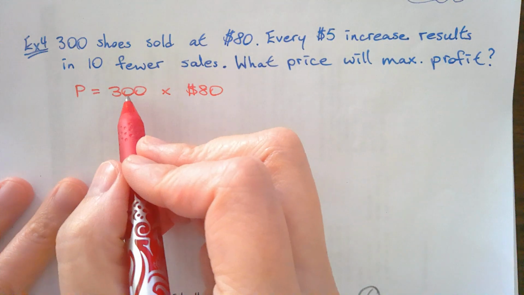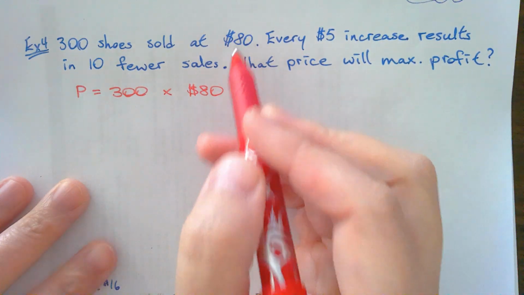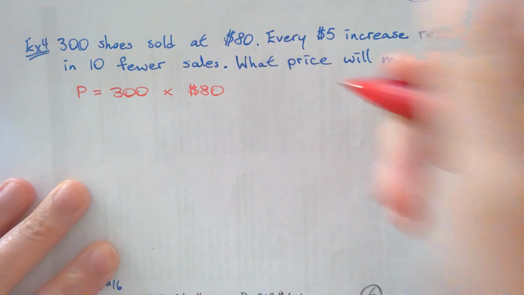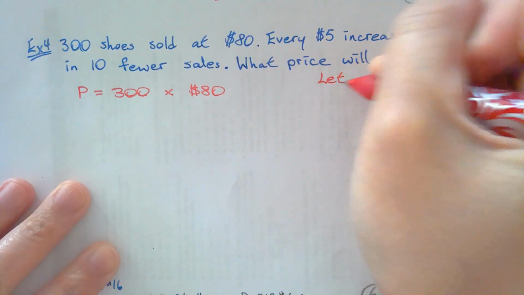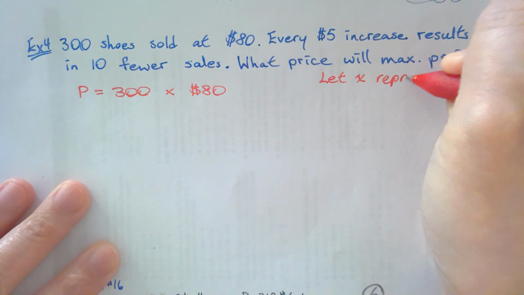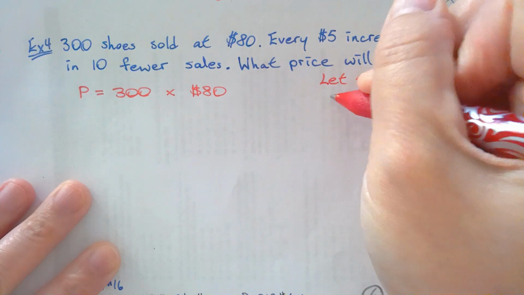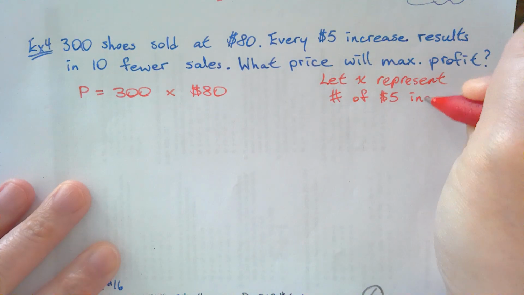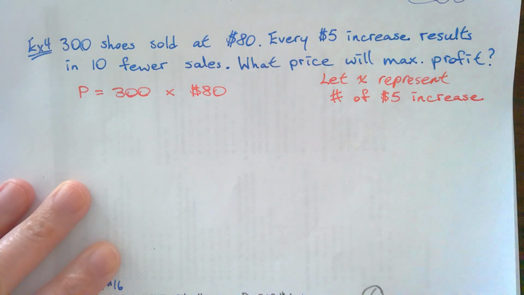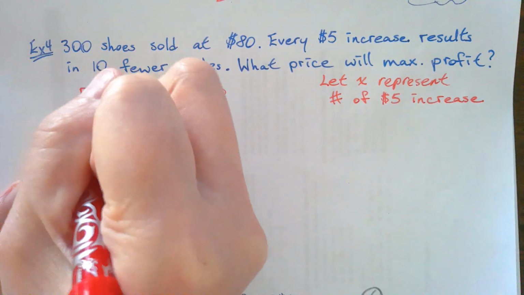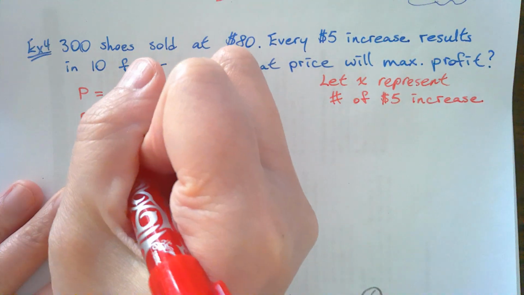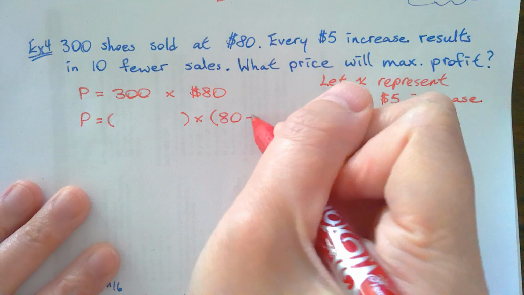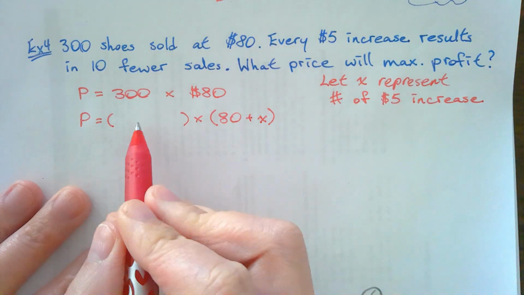Right? So at the beginning, we said that if it was just the 300 shoes and the $80, we just times it. So if I let X represent the number of $5 increases, then my equation is going to change to 80 plus X. And then what would happen here?